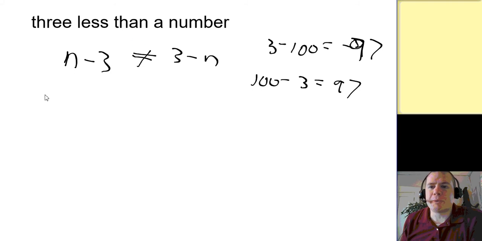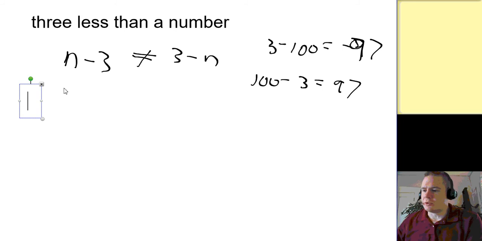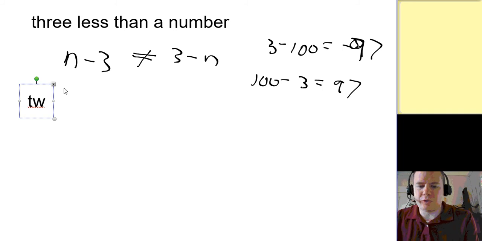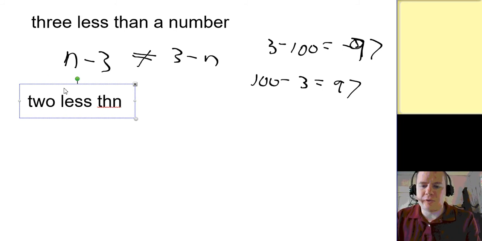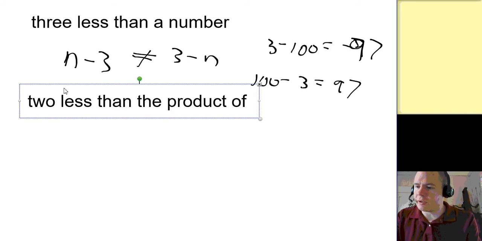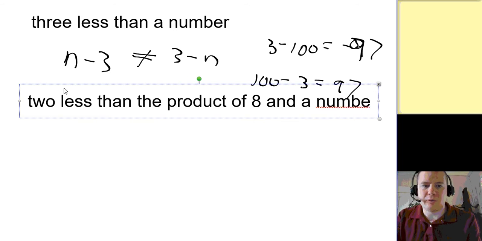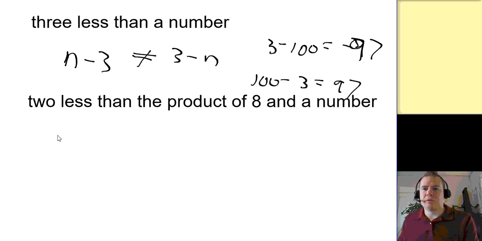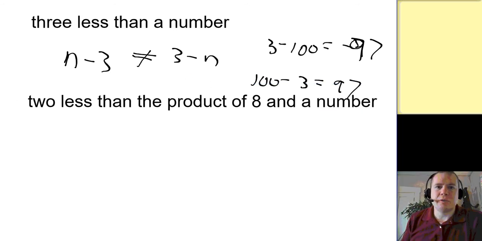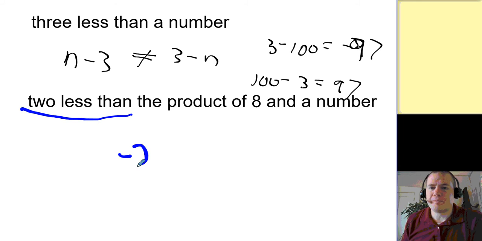Now we want to be able to look at more complicated ones as well. Say something like 2 less than the product of 8 and a number. All right, here's my 2 less than. Let me go for blue here. 2 less than something, 2 less than a product.